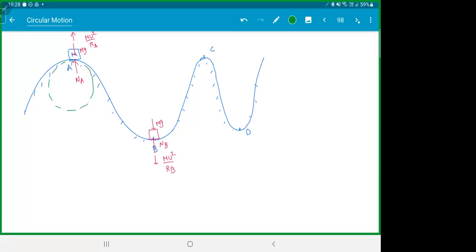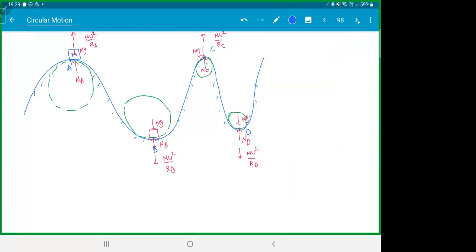This is the circle. This is the circle. So it will be away from the center. This is the circle and this is the circle. So C and D are small circles. At C: Nc, Mg, mu square by Rc. At D: Nd, Mg, mu square by Rd.